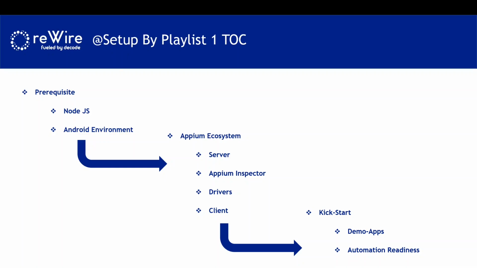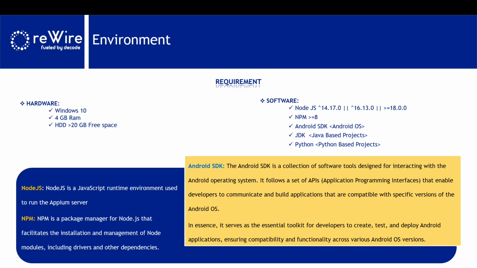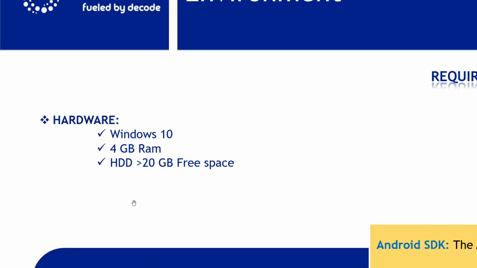So moving ahead, as I said, we need to understand the prerequisite. One is environment, as I said, hardware and software. These are the minimum hardware configuration that we are looking at.